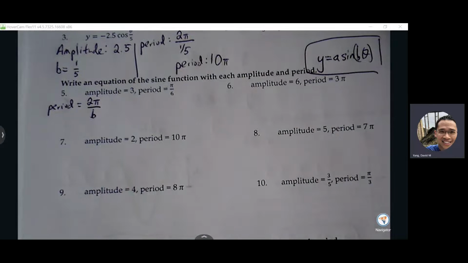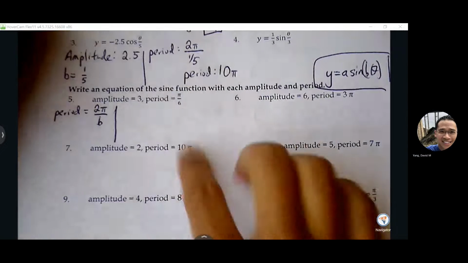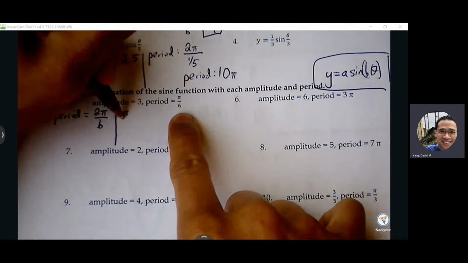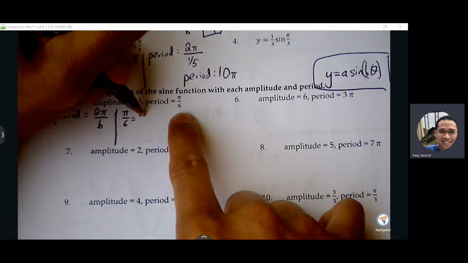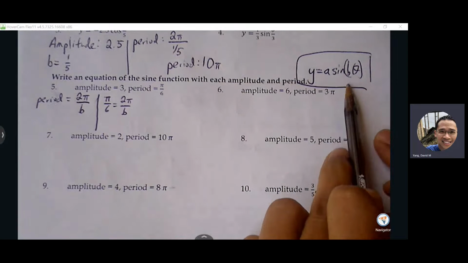And then we're going to cross multiply and solve for b. So we're kind of working backwards to figure out what is the b value that causes the period to be pi over 6. So pi over 6 is equal to 2 pi over b. Cross multiply, and I can work my way to solving for b so I can insert into my equation.